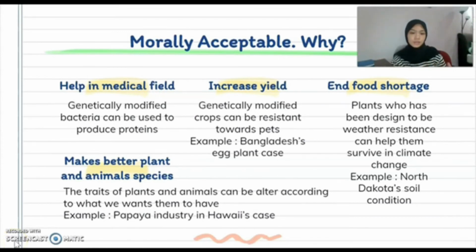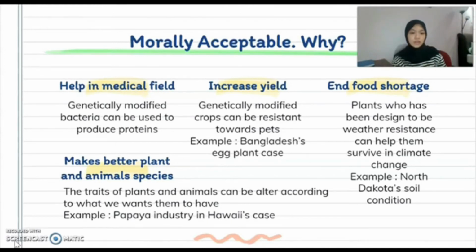So untuk example Bangladesh eggplant case ni, dekat Bangladesh, eggplant ni is a very important crop. Tapi, bila farmer tanam, it often get destroyed by serangga. And the farmer has to rely on pesticide heavily. Pesticide ni mahal and it also can harm the farmer's health.